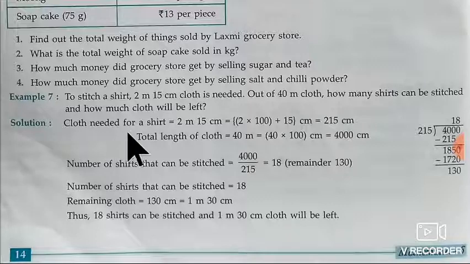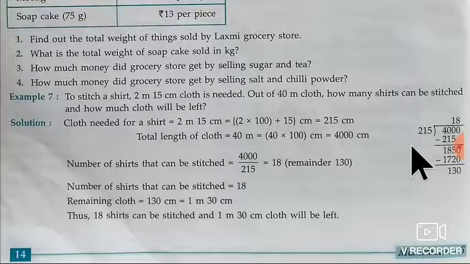Cloth needed for a shirt is 2 meter 15 centimeter, 2 into 100 plus 15 equals 215 centimeter. Total length of the cloth is 40 meter, 40 into 100 equals 4000 centimeters. We have 4000 centimeters, but one shirt needs 215 centimeters of cloth.